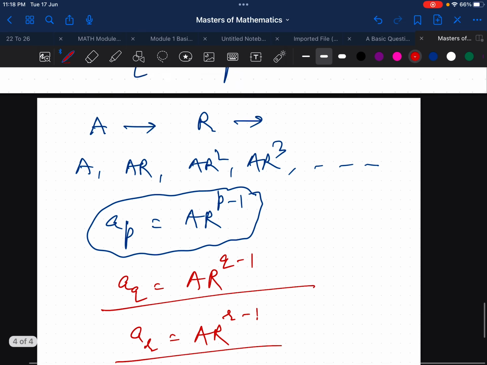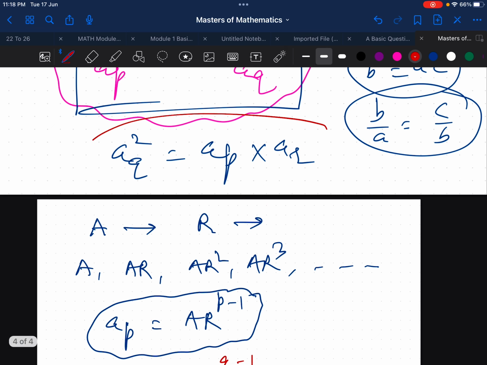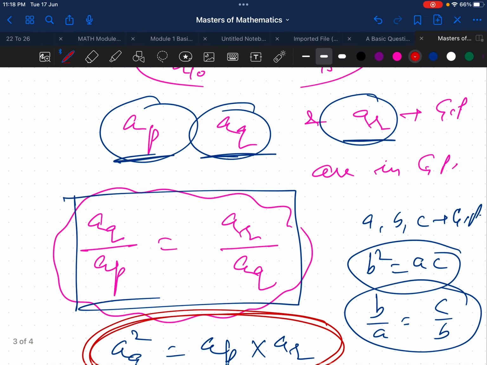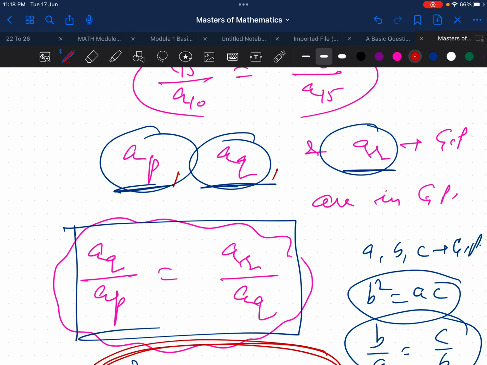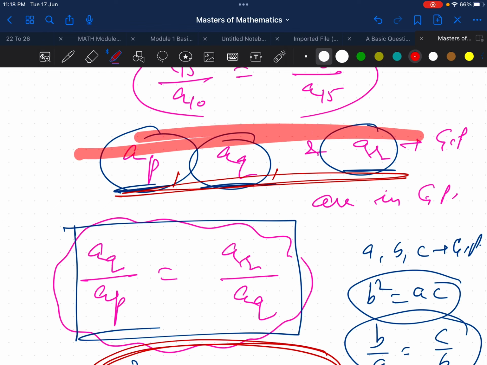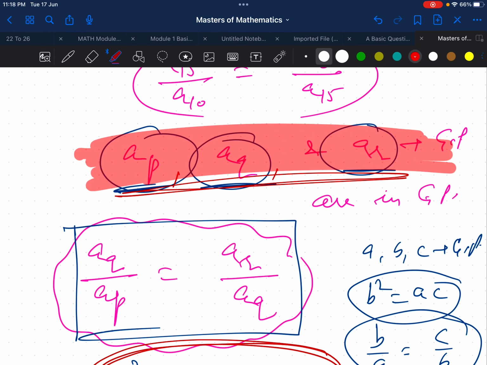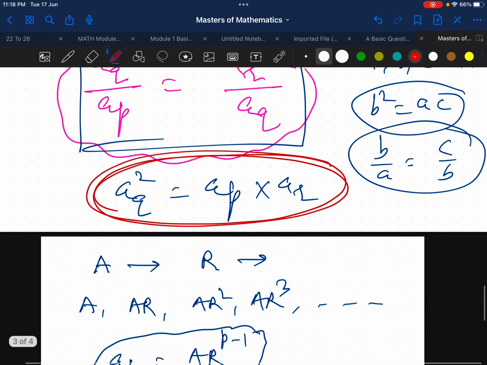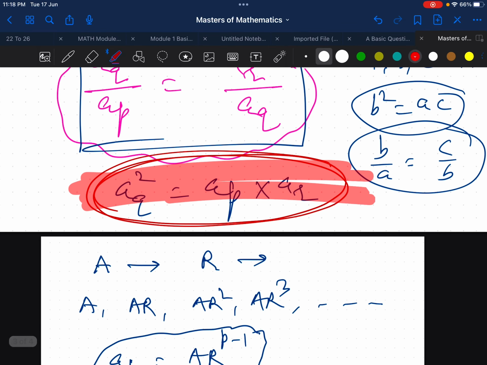Now I have to show that AQ square equals AP into AR, because I need to prove that the Pth, Qth and Rth terms are in GP. This is my target: to prove that AP, AQ and AR are in GP, meaning AQ square equals AP into AR.